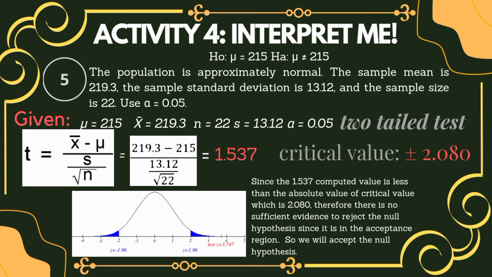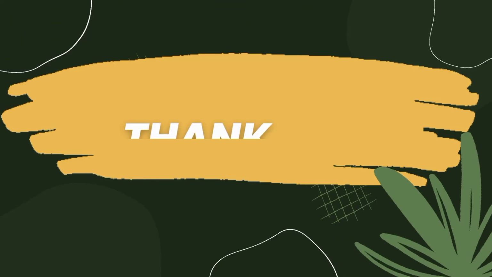Finally, we can now conclude that since the 1.537 computed value is less than the absolute value of the critical value, which is 2.080, therefore, there is no sufficient evidence to reject the null hypothesis since it is in the acceptance region. So, we will support the null hypothesis.